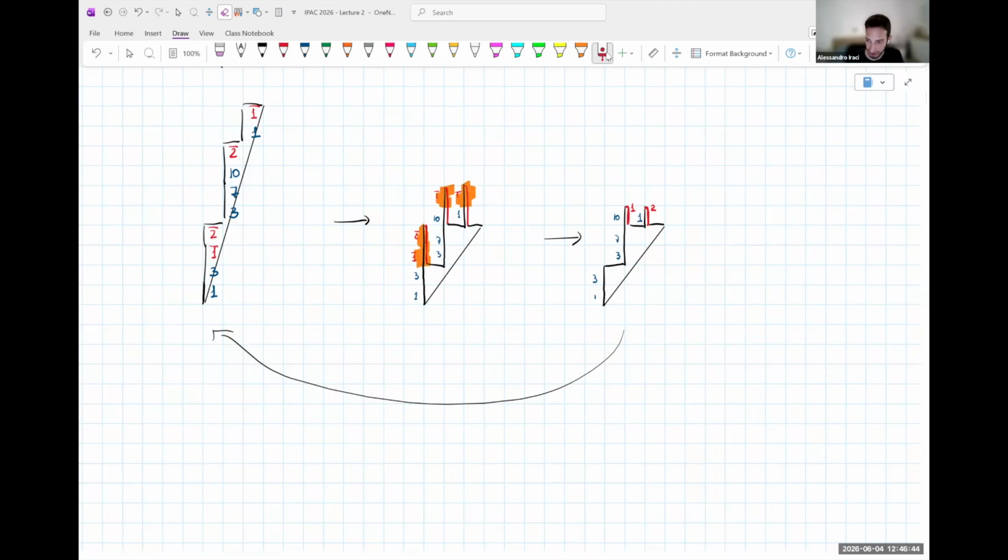And another property that this preserves is that the vertical distances between the endpoints of all steps and the main diagonal stay the same. So this distance here is the same as this distance here. Well, it's obvious because it's 1, it's in the same diagonal.